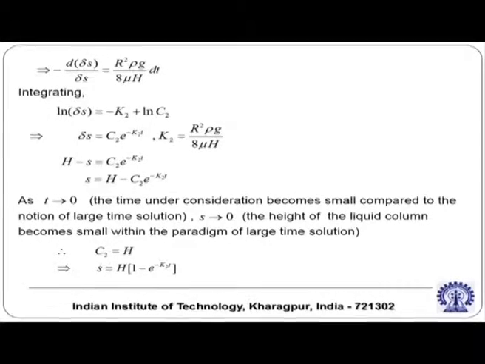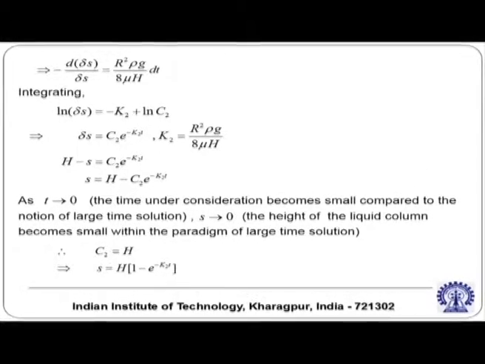So ln delta S is equal to ln C2 minus K2 t, where K2 is the combined term r square rho g by 8 mu H, written in shorthand notation. Whatever we mentioned as C1 on the board is mentioned as C2 here. So you can get S as a function of the constant, C1 or C2, whatever name you give.